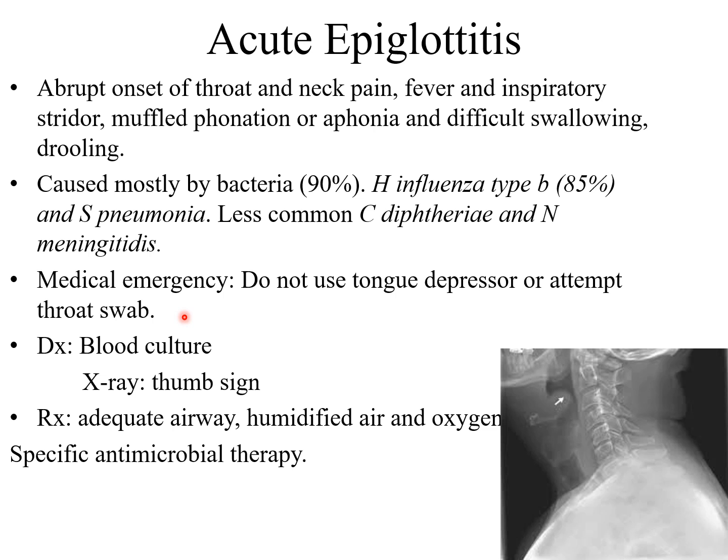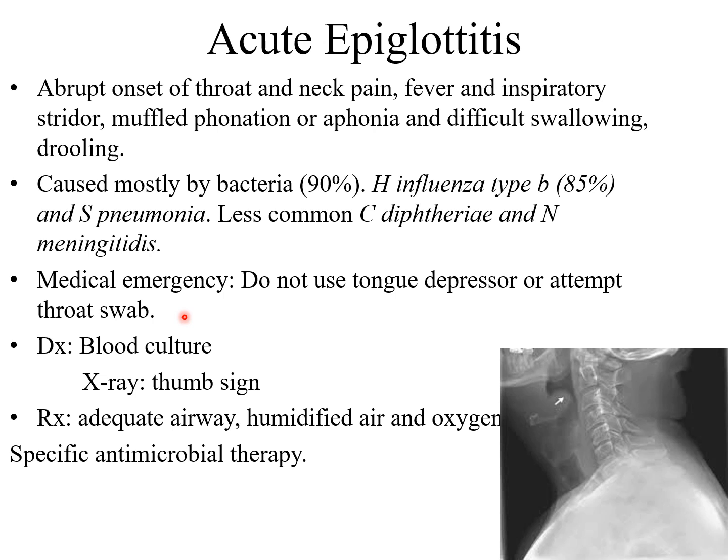And if we reach this stage, then the only way to save the patient is doing tracheostomy, which is opening into the trachea to allow the patient to take breath from the tracheal opening.